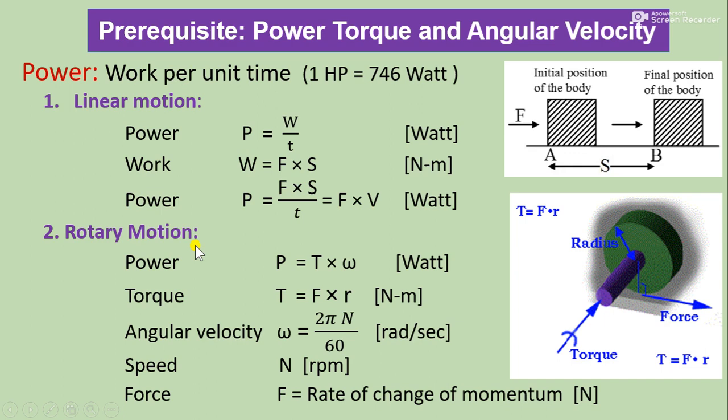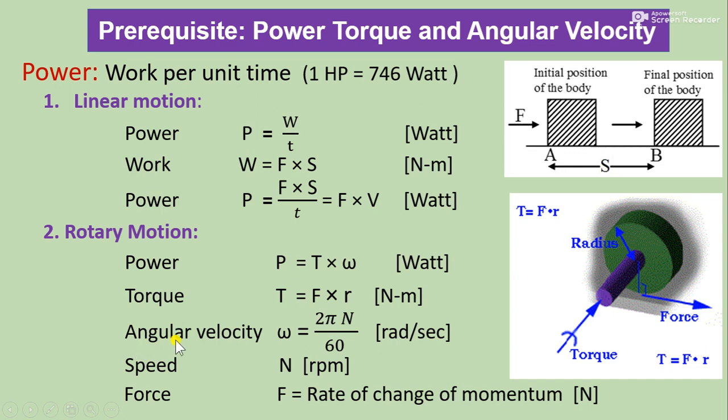In rotary motion, power is given as a product of torque and angular velocity in watt, where torque is equal to force into radius and its unit is Newton meter.